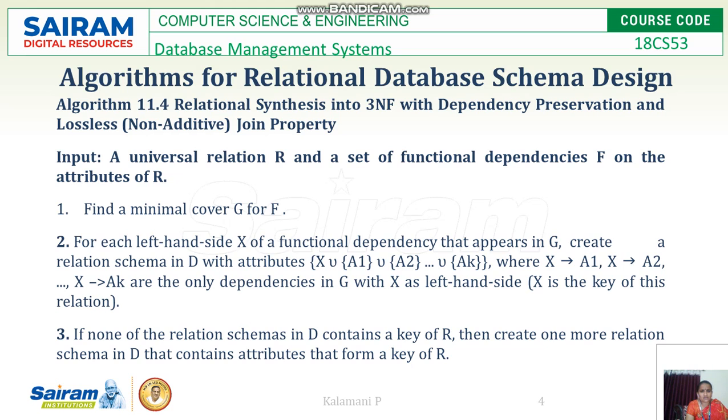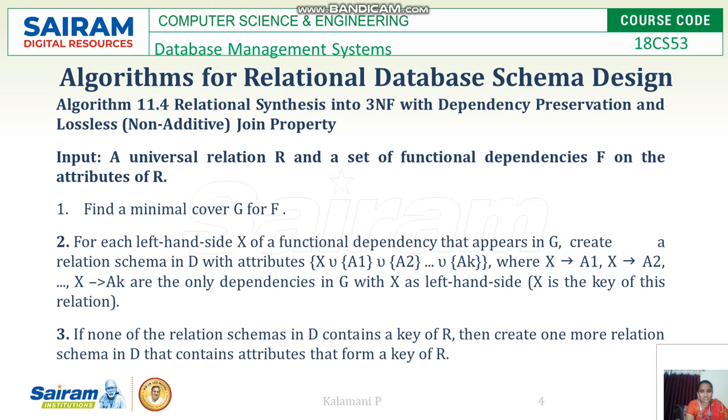The next algorithm is relational synthesis into 3NF with dependency preservation and lossless join property. The previous algorithm only converts relational synthesis into 3NF with dependency preservation. This one has dependency preservation and lossless join property.